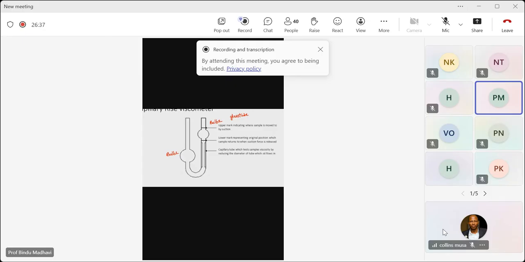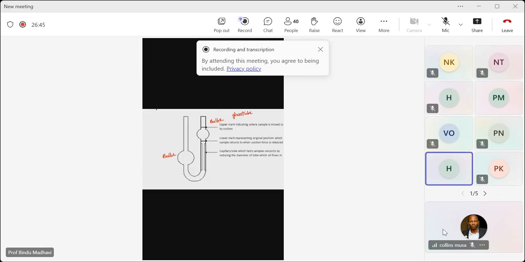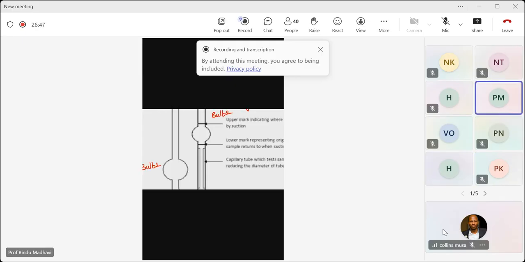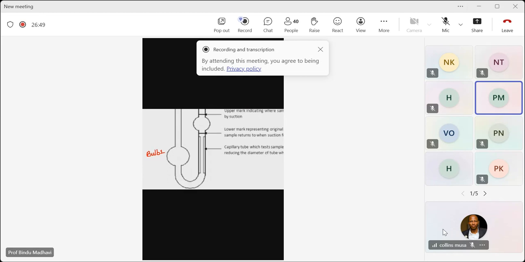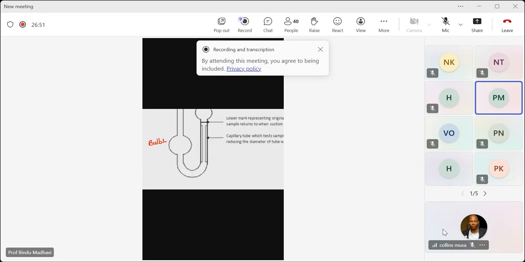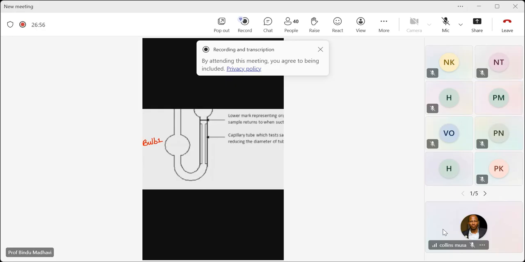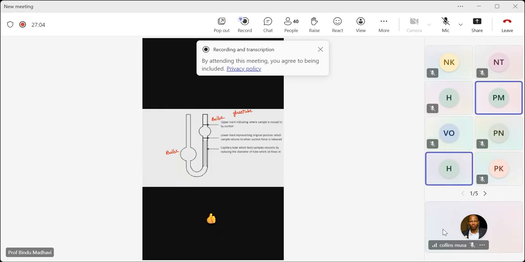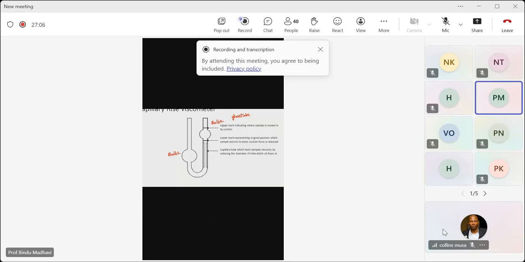It will have a bulb on each arm of the tube. And on the right-hand side, below bulb 2, we can see a narrow capillary arranged. Are you able to see that?